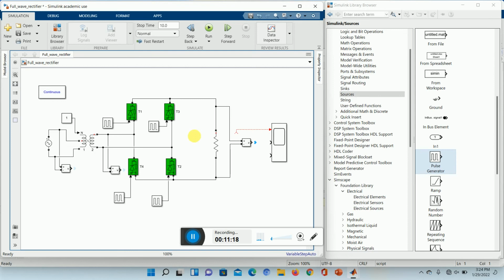Now I will just give a supply. First we will see the output. In the second we will see the input from the secondary of the transformer. And in the third we will see from the primary of the transformer. Time duration 0.1.